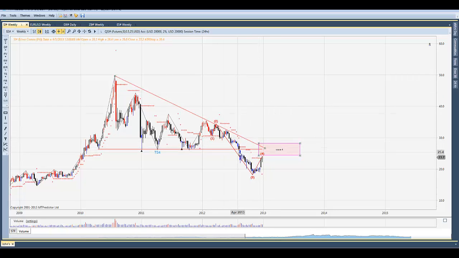And so we saw the breakdown. We had obviously a lot of sellers on this breakdown here, and typically after the sell-off you get a retrace back, and they kind of test the bottom of that trend line there, which would coincide with our wave 4 area, and then we'd see again typically a sell-off from there.